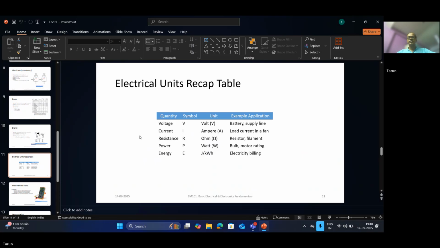Resistor and filament specifications are mentioned by the unit ohm. Bulb and motor ratings are specified by the unit watt, whereas in the electricity bill we use BOT or kilowatt hour.